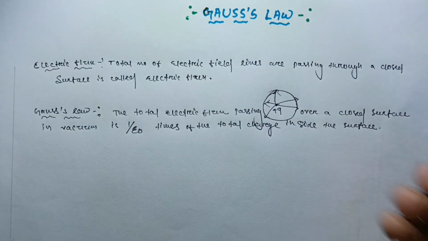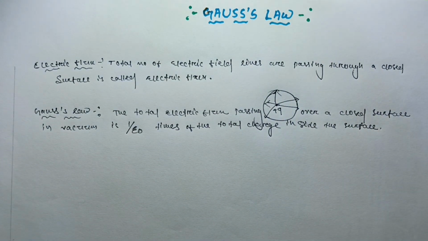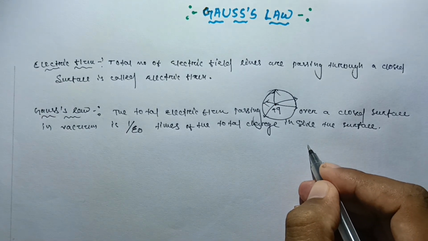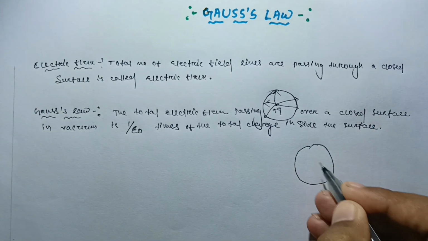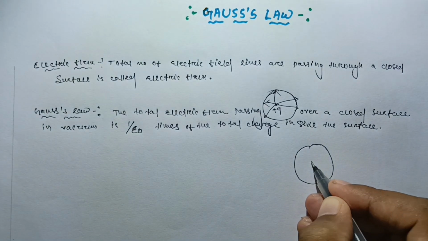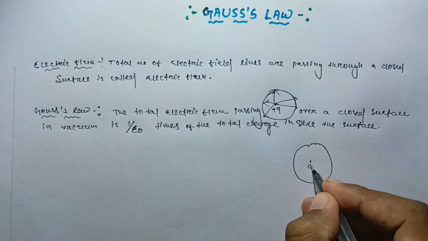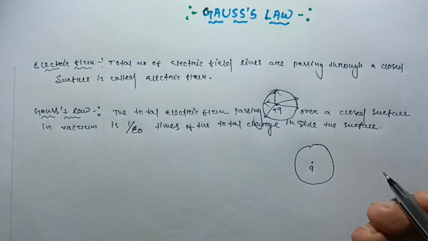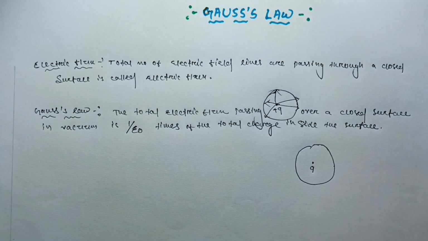Okay, so basically Gauss law states that if there is a closed surface and the total charge is Q, right? So the total electric flux will be the ratio of total charge upon epsilon naught, right?